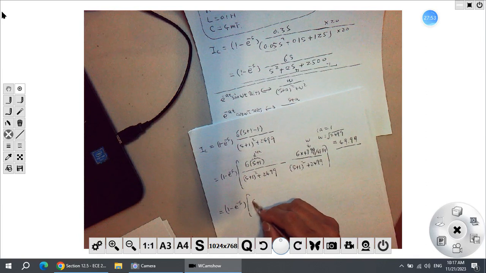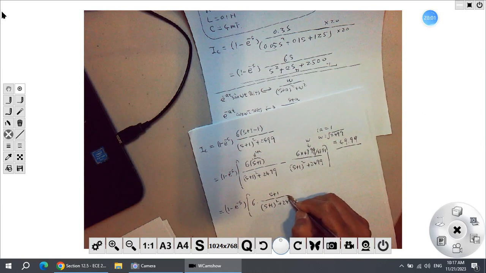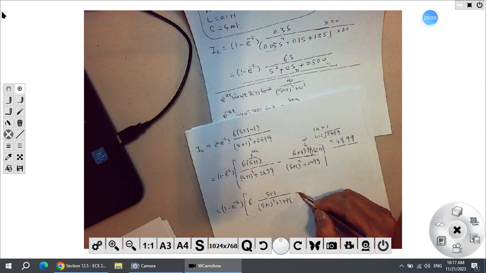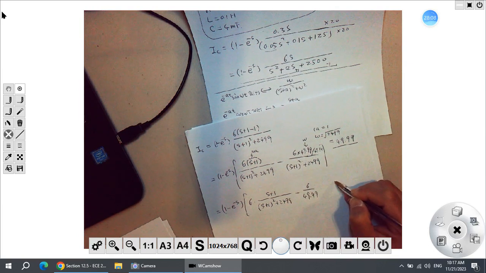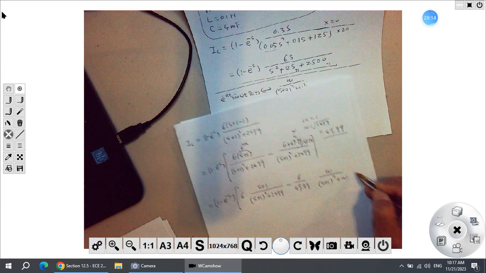This is 6 times s plus 1 over s plus 1 squared plus 2499, and here is minus 6 over 49.99 times omega over s plus 1 squared plus omega squared.